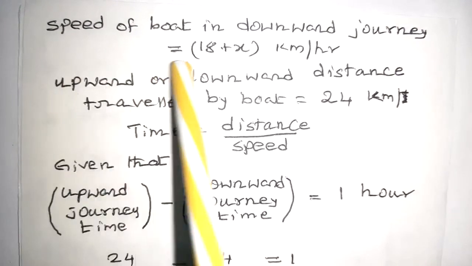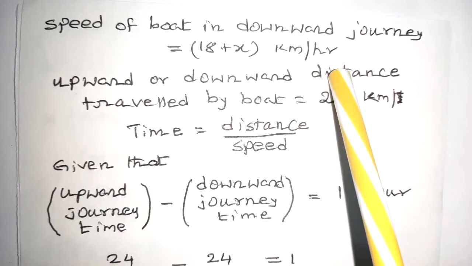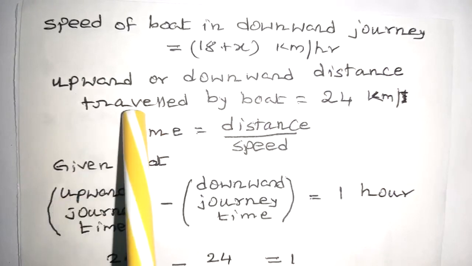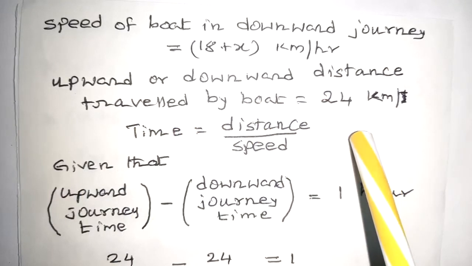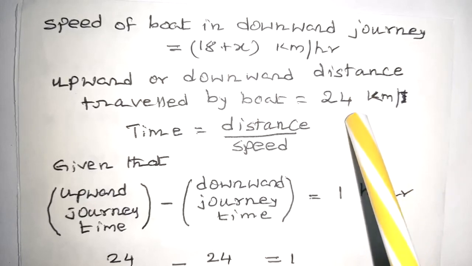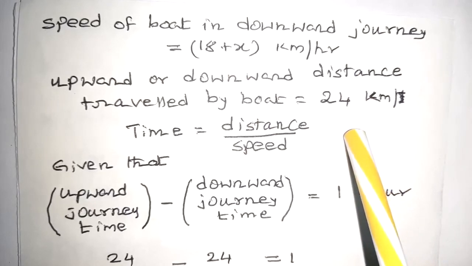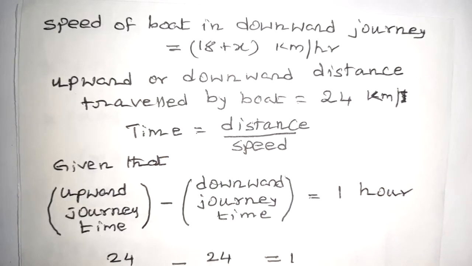Then speed of boat in downward journey is 18 plus x kilometers per hour. Upward or downward distance traveled by boat is 24 kilometers. That is, upward journey is 24 kilometers and downward journey is also 24 kilometers. Now we know the formula: time equal to distance divided by speed.